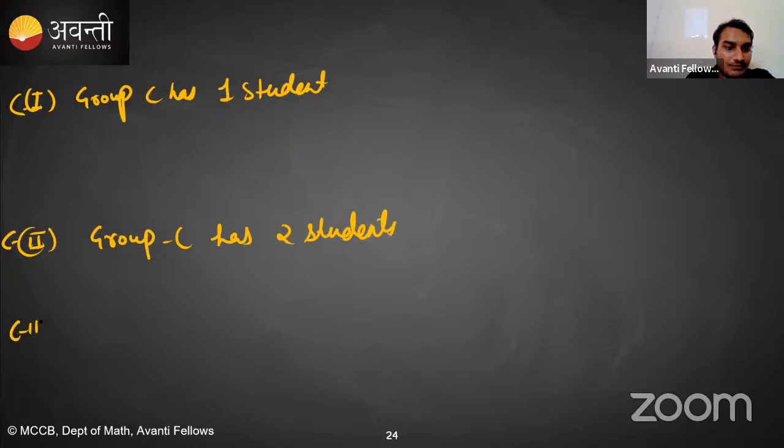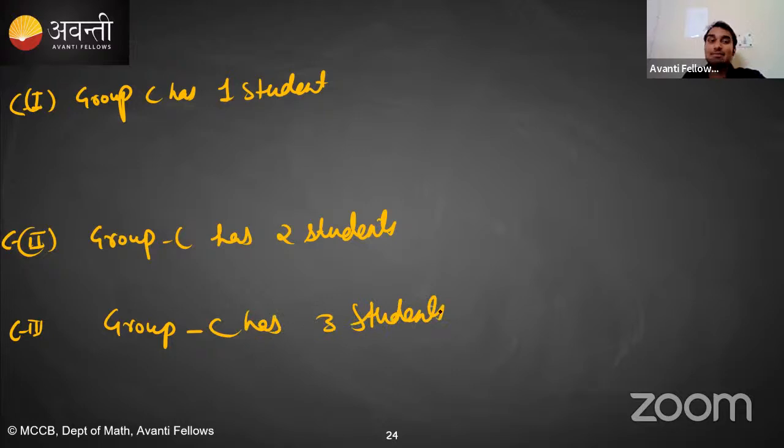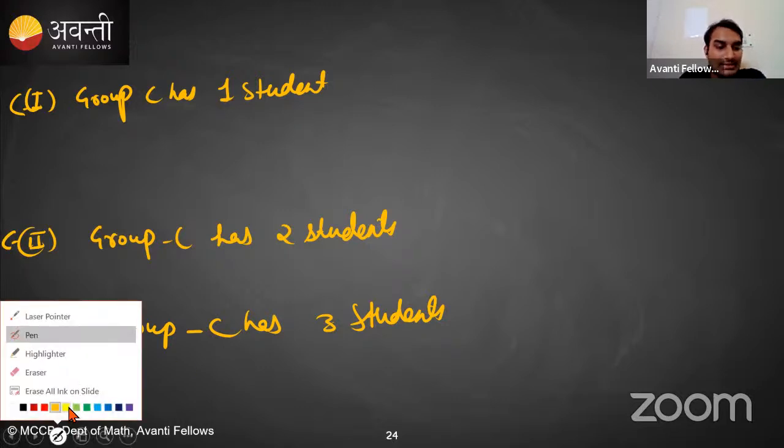What is case 3? Case 3 क्या होगा? That group C has 3 students. ये तो क्लियर है ना? इतना तो समझ में आता है कि केस बनाने पड़ेंगे कि it will depend on A, B, C. The number of ways of grouping between A and B should depend on how many students are in group C. Yes or no? So these 3 cases have to be formed.